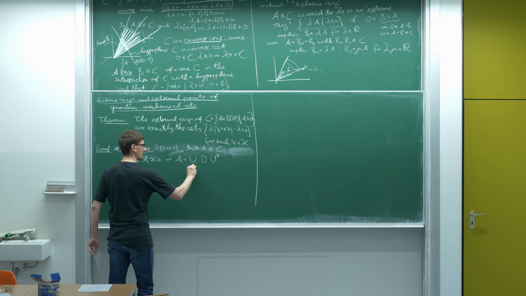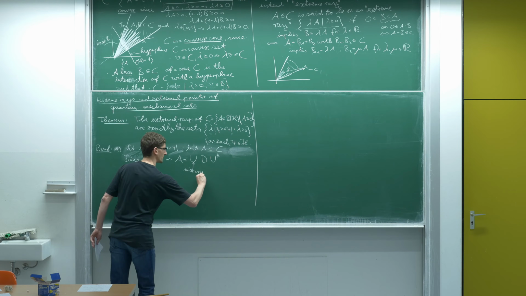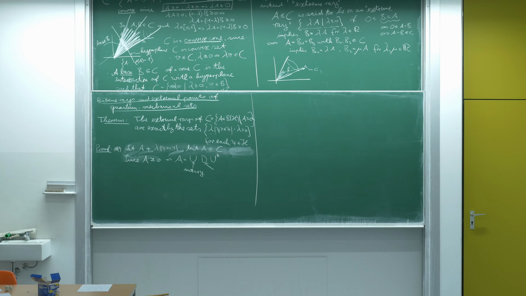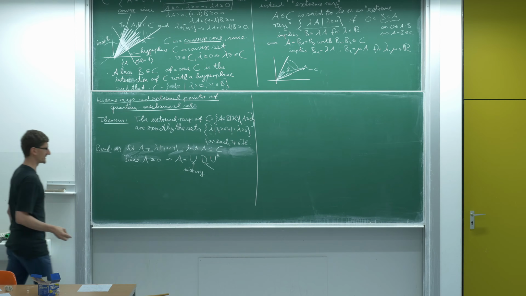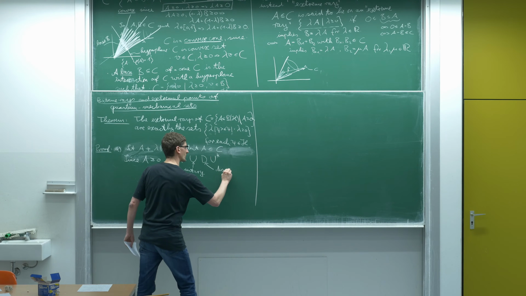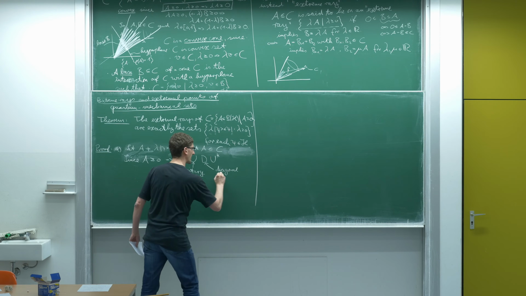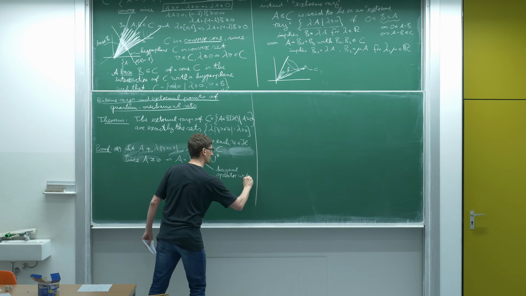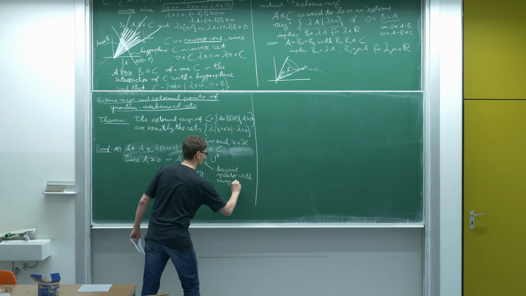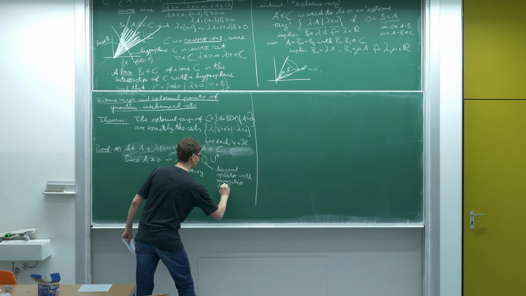So this is a unitary, and this is a diagonal operator. Professor Werner called this a multiplication operator, which has only diagonal entries. A diagonal operator with non-negative diagonal.